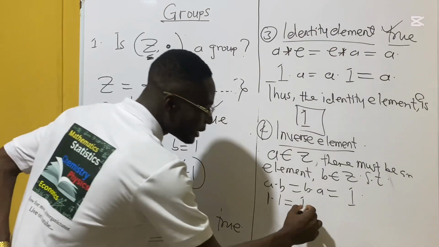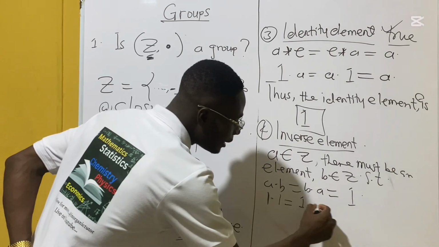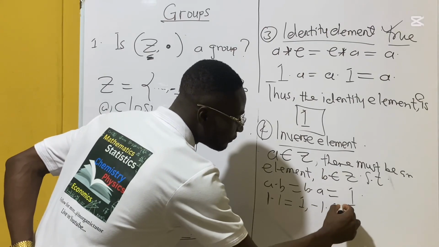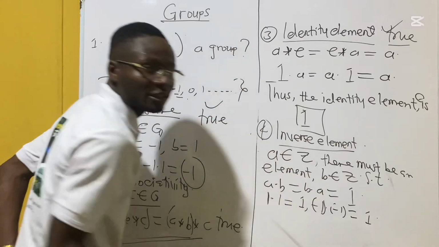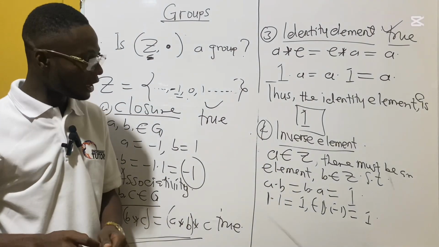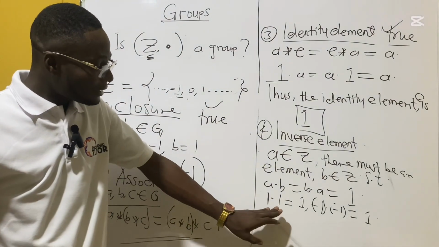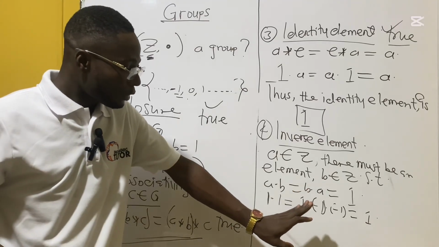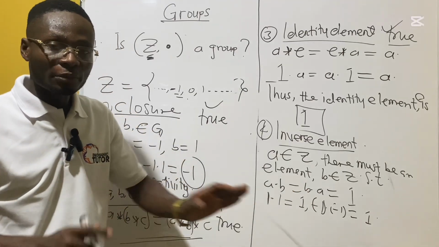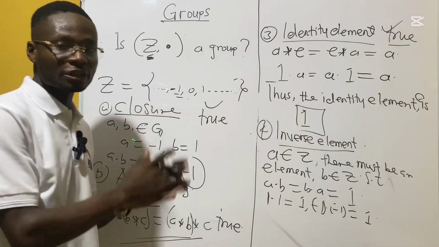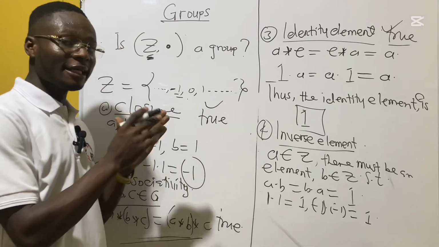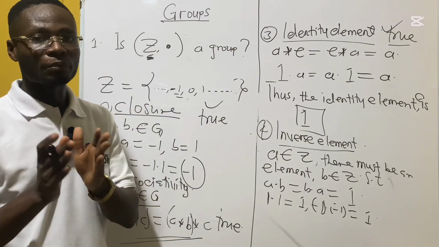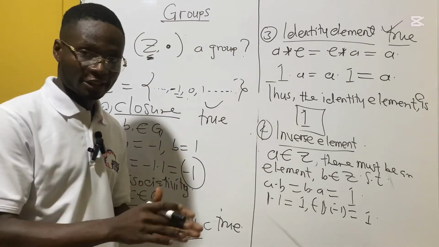Okay, let's pick negative 1. Negative 1 times negative 1 is also equal to positive 1. So we realize that when you multiply positive 1 and positive 1, you get positive 1, and when you multiply negative 1 and negative 1, you get positive 1.